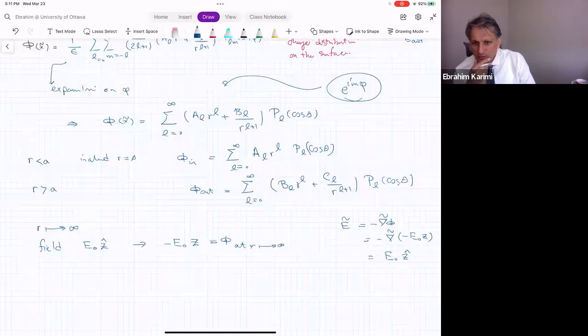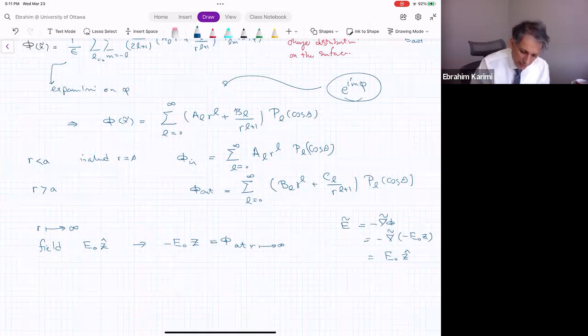Fantastic. So I know that for infinity, the potential outside is given by minus E0 z. What is the z in cylindrical coordinates? It is minus E0 r cosine of theta.